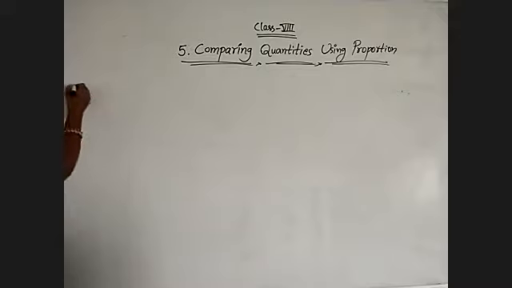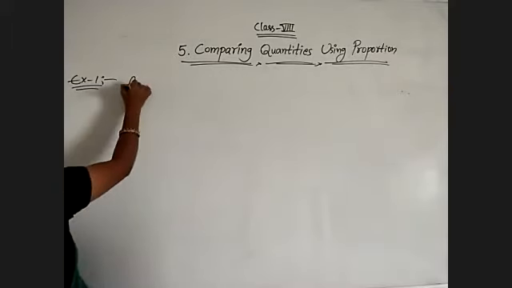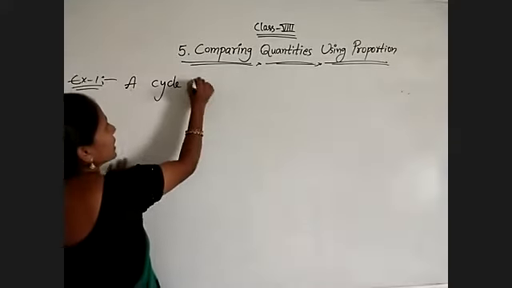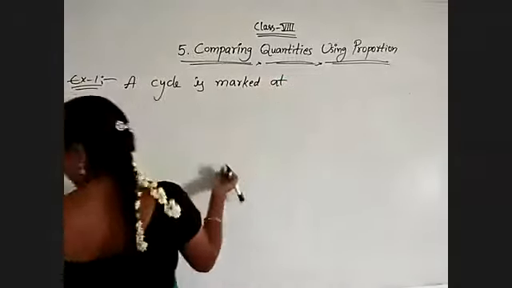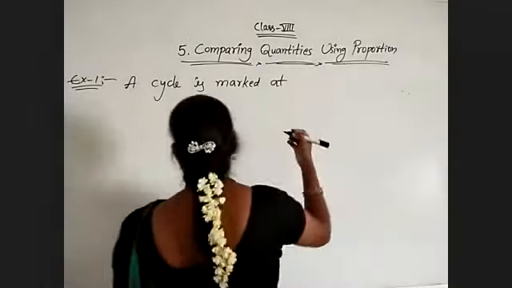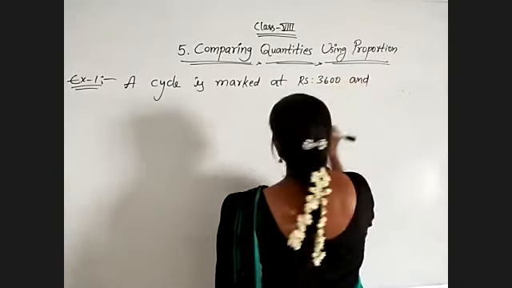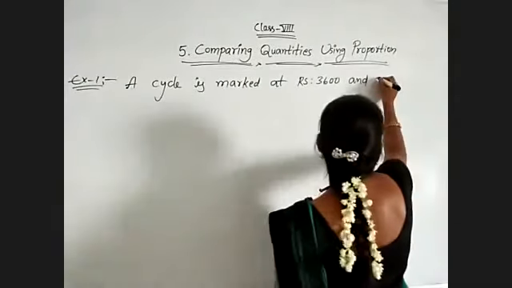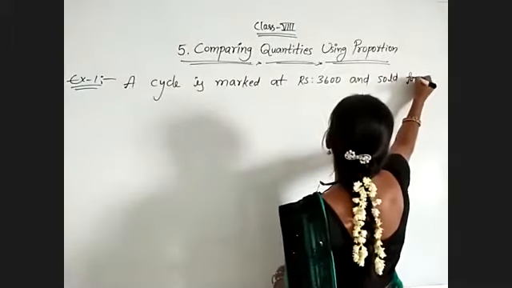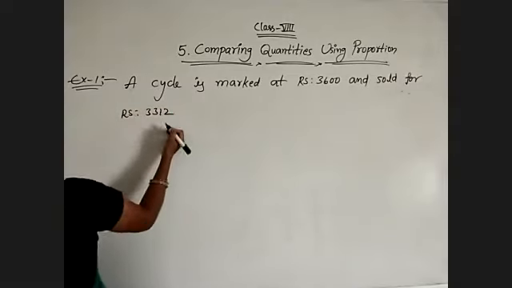See, my first example is: a cycle is marked at 3,600 rupees and sold for 3,312 rupees.